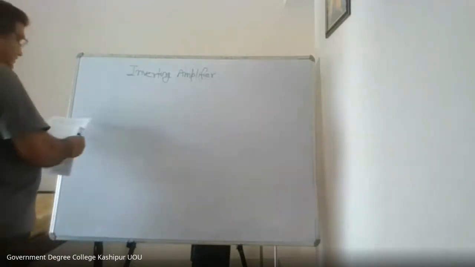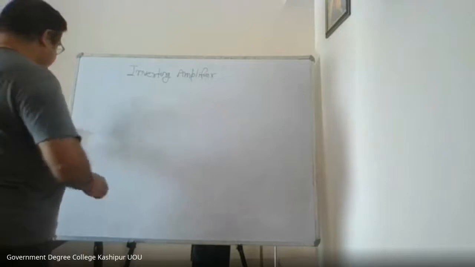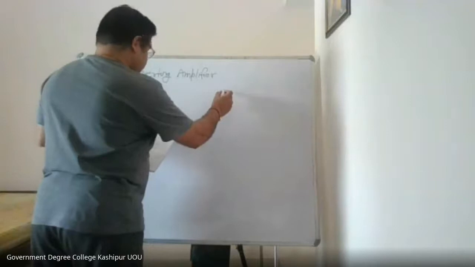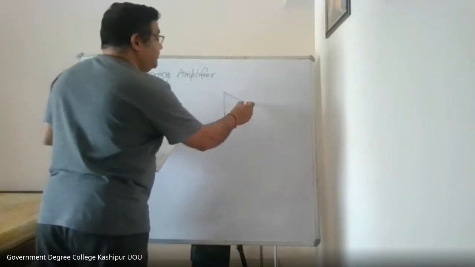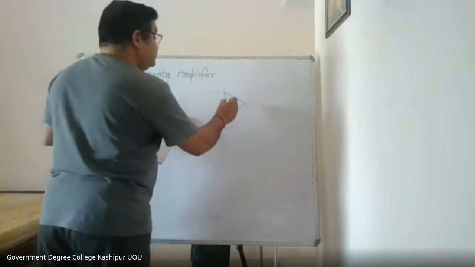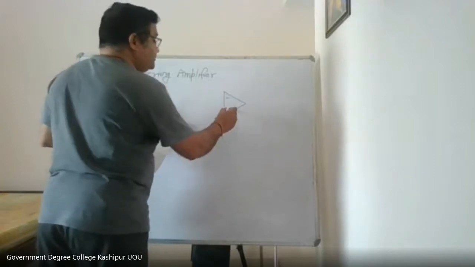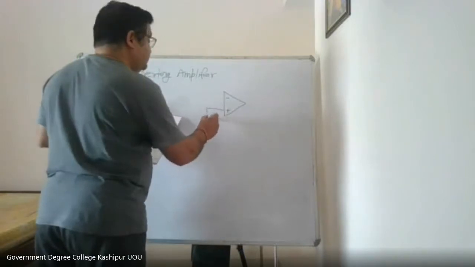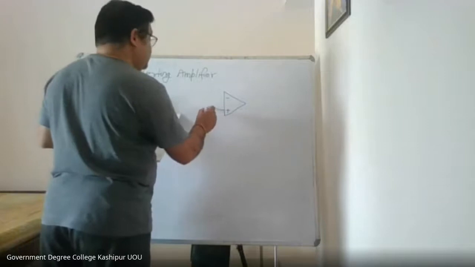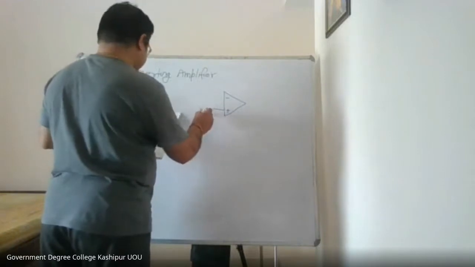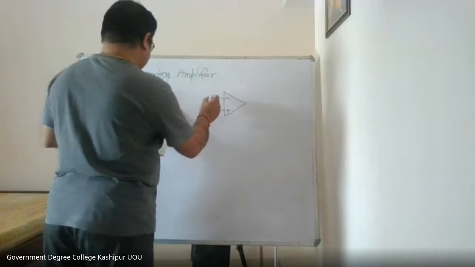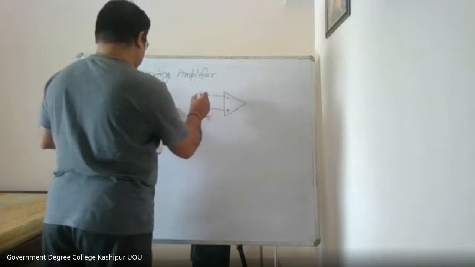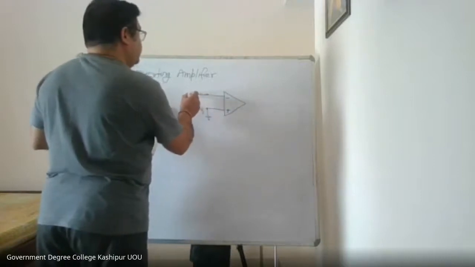Now let us draw the circuit diagram of the closed loop inverting amplifier. I am drawing the circuit diagram. This is the inverting terminal, this is the non-inverting terminal. Here is the input Vi, and here the resistance is R1.